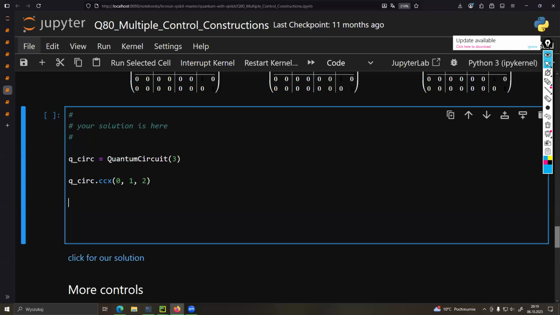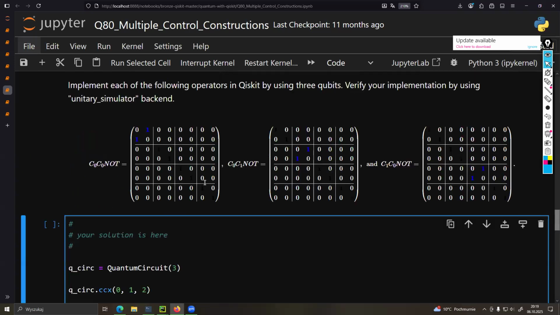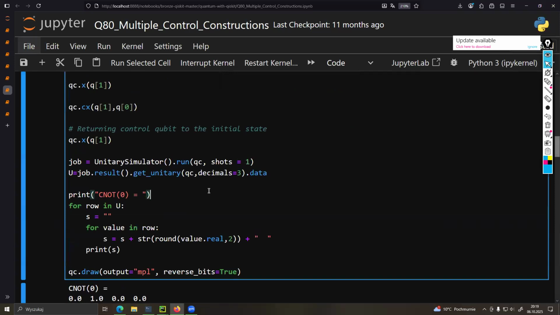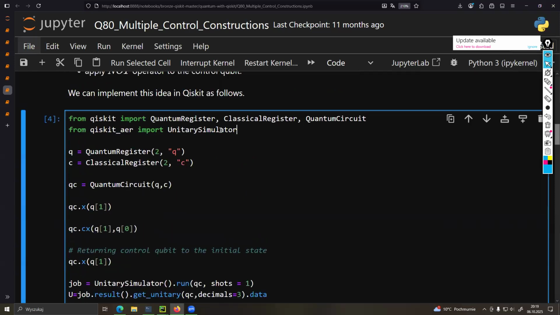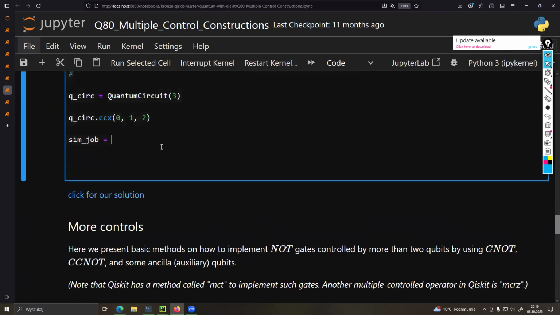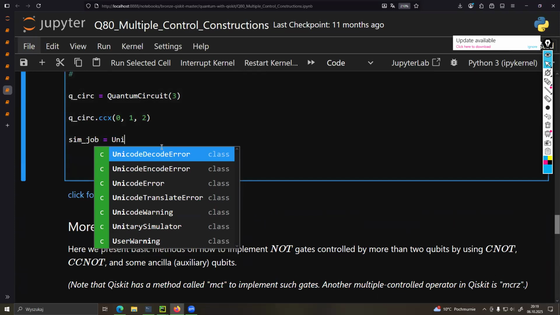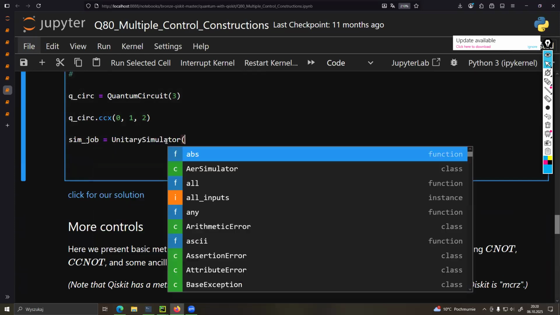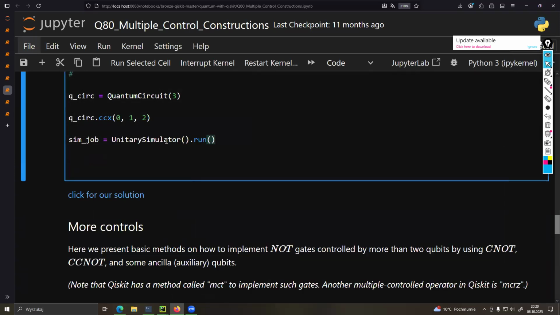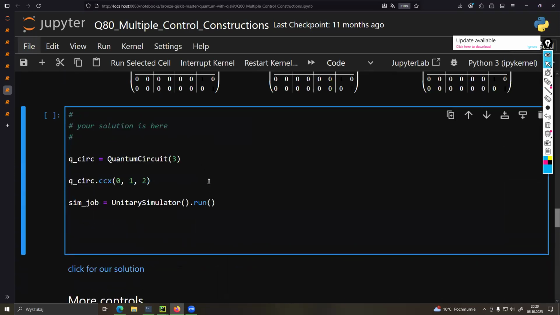Now we will define the simulation job like this. Unitary simulator is already defined. That's great. So unitary simulator dot run. We don't need any shots because we are not measuring anything.